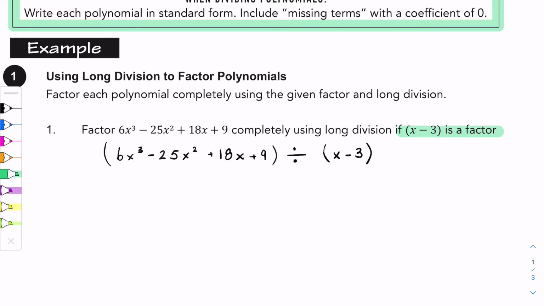But let's back up to something a little more basic. If I gave you a really basic division problem, such as 24 divided by 6, you would all hopefully know that the answer to this is 4 without going through the whole long division process. So 24 divided by 6 equals 4. 6 is a factor of 24.